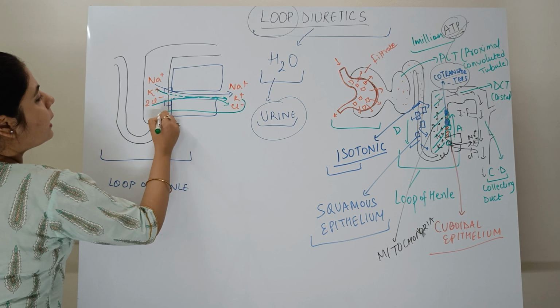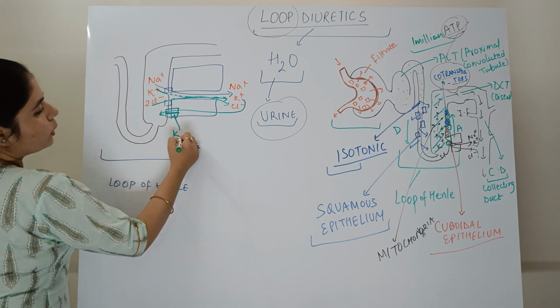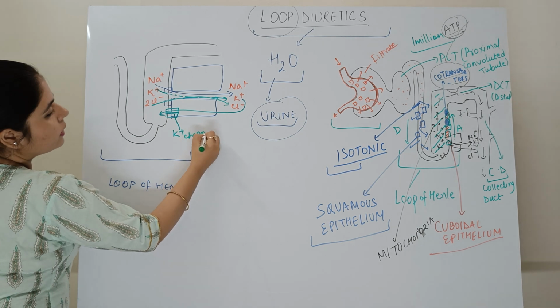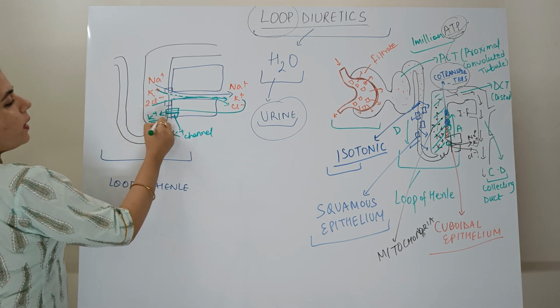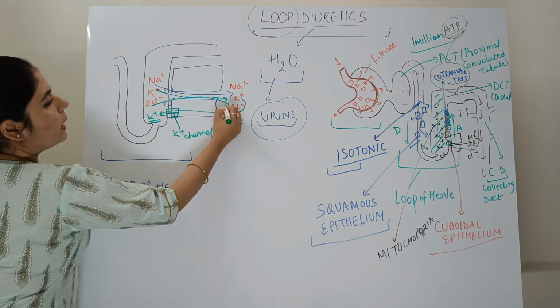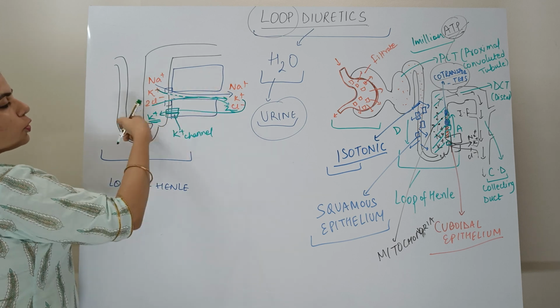So now what happens when these ions are lost, this potassium is again absorbed back through the potassium ion channel. This is a potassium channel. They are reabsorbed here, and now this becomes rich in the positive ion, this becomes rich in the negative ion. Two chloride ions are escaping here, and there is reabsorption of potassium.